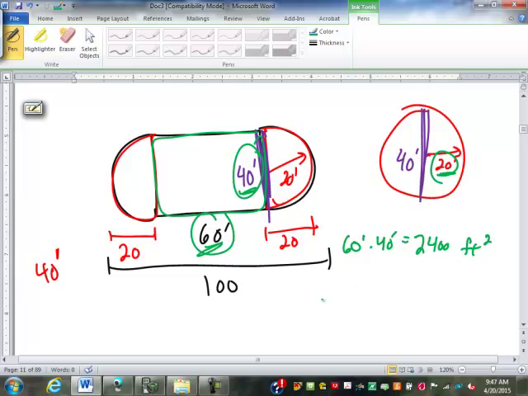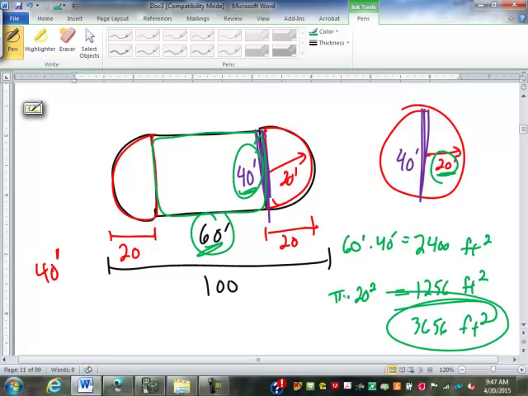So pi times 20 squared. 20 squared is 400, times pi is 1,256. And you add them up.